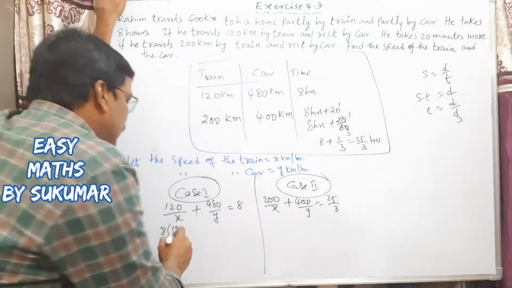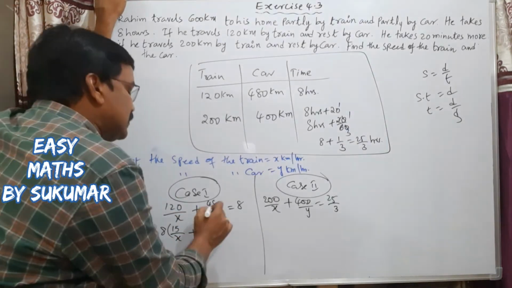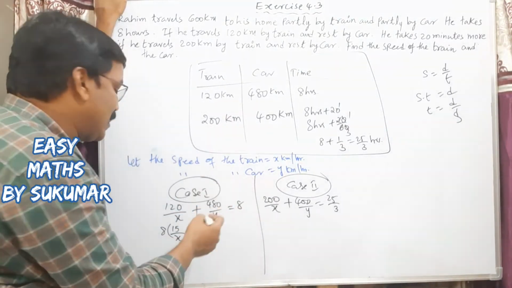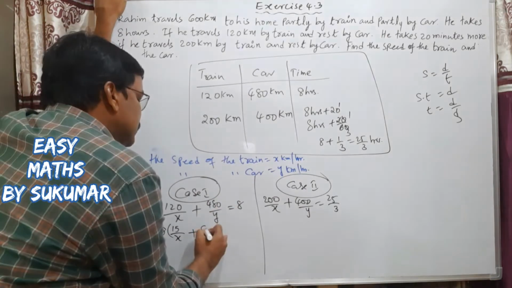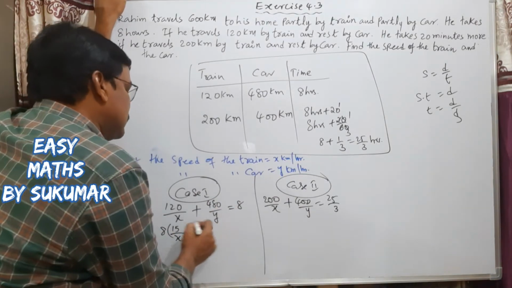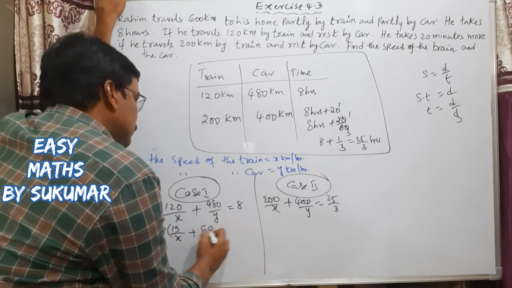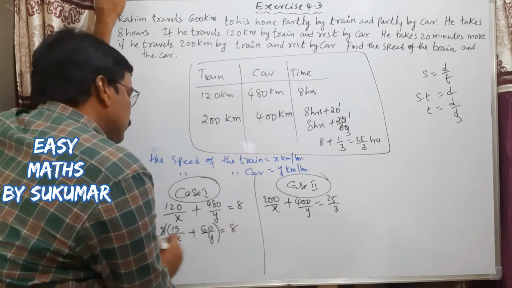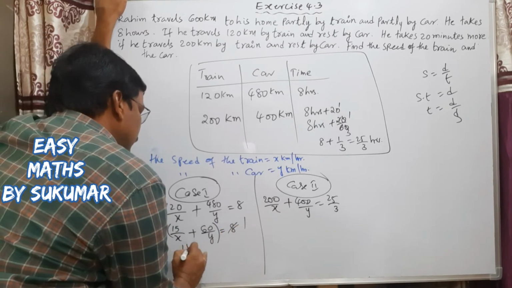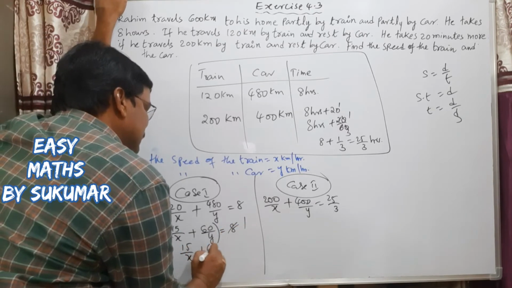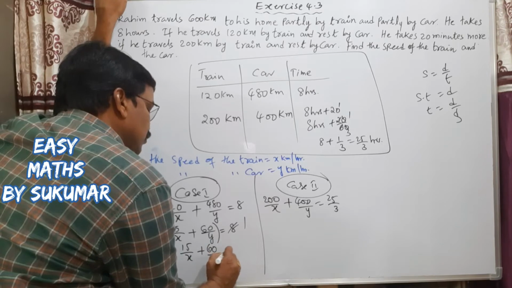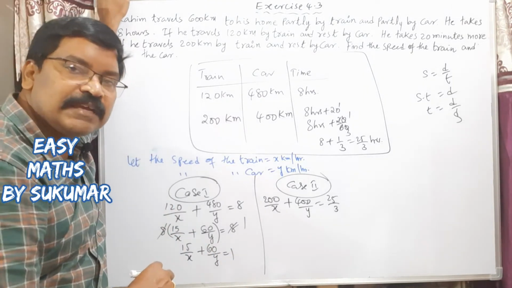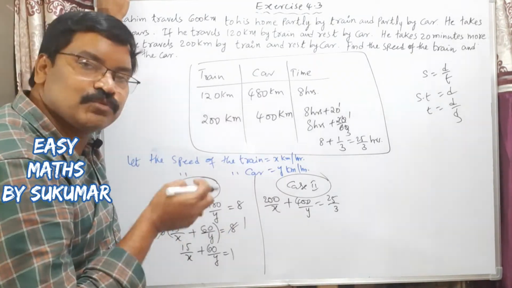So that means 15 by x plus, if you take 8 as common here in this equation, 6 8s are 48, 60 by y is equal to 8. Now this 8 gets cancelled. That means 15 by x plus 60 by y is equal to 1.